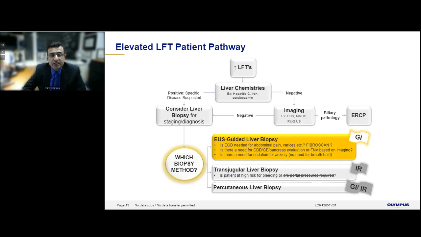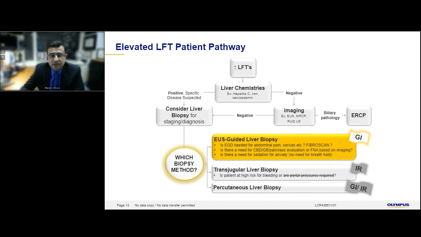Or if you need a biliary, gallbladder, or pancreas evaluation, or a suspected FNA, again, the patient is already undergoing sedation and endoscopy, and we can partner an EUS-LB along with that. Is there a need for sedation or pediatric patients? We have extensive experience with those also. Those are all people who are very good candidates for an EUS-LB.